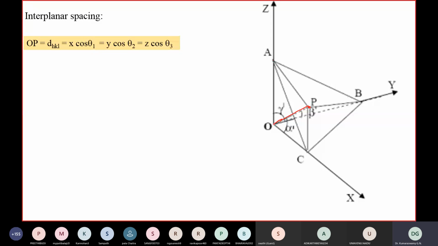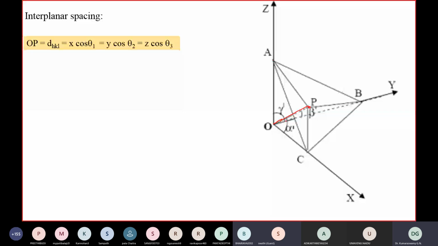How to find the minimum distance between any two parallel planes? The line has to be perpendicular. That is why OP is perpendicular, or OP is 90 degrees at P. Clear?